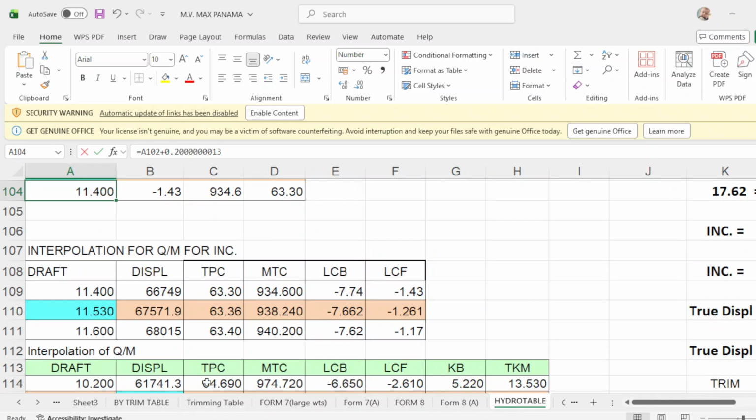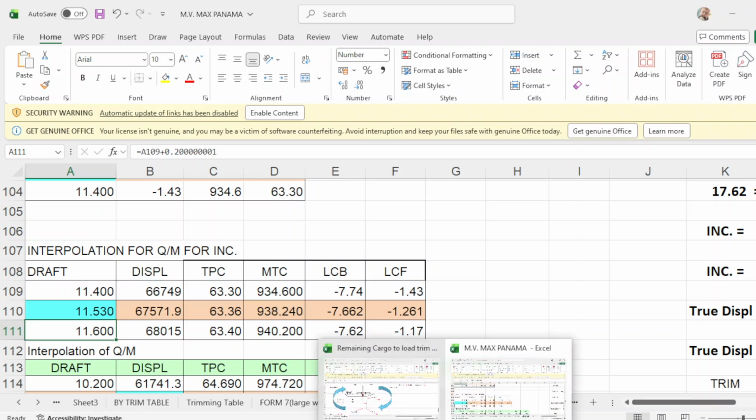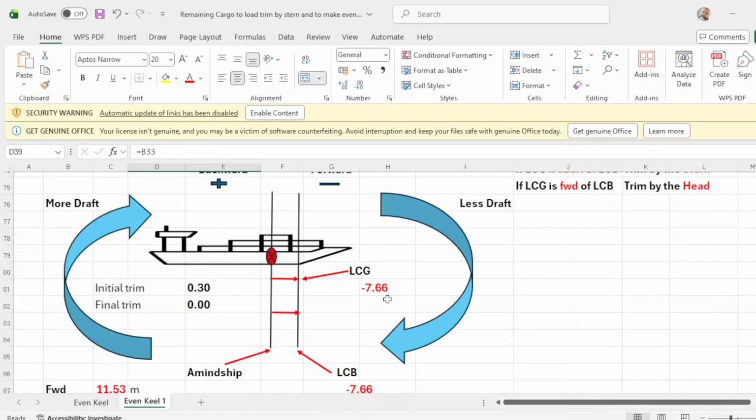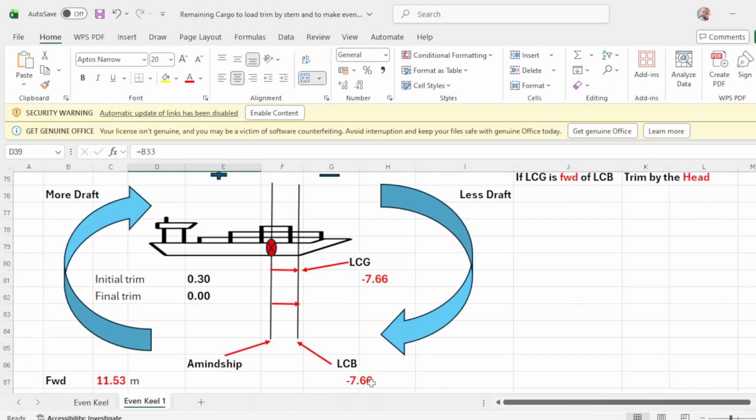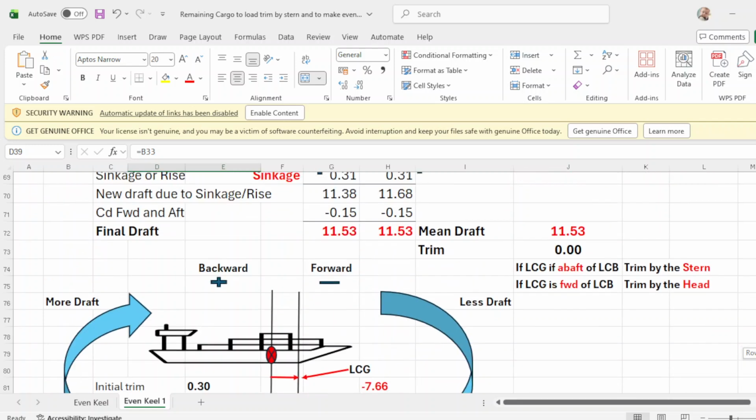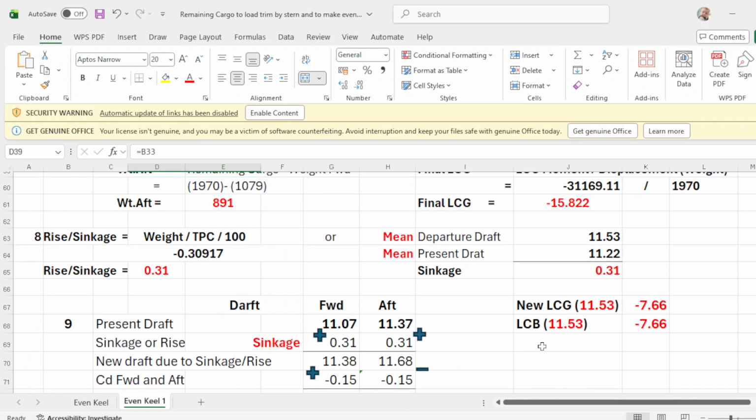Put here 11.53. What is the LCB? LCB is negative 7.66. So the LCB is negative 7.66.